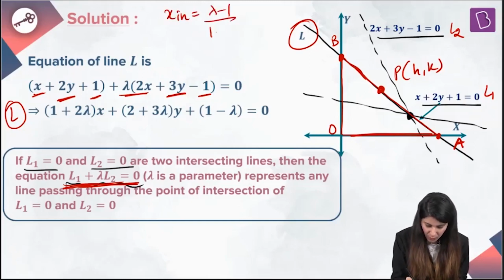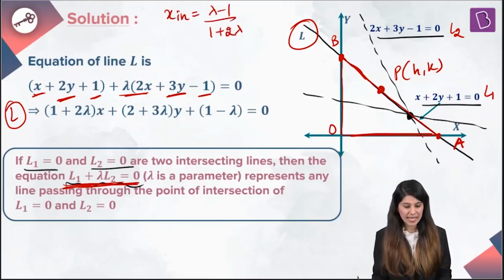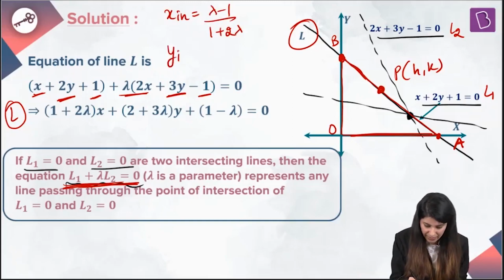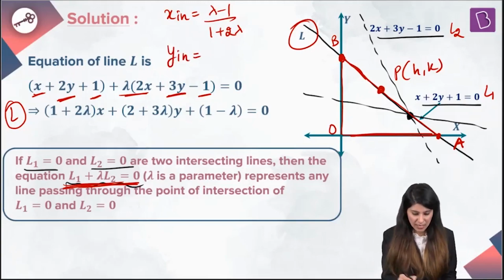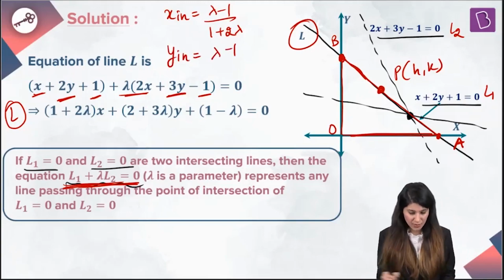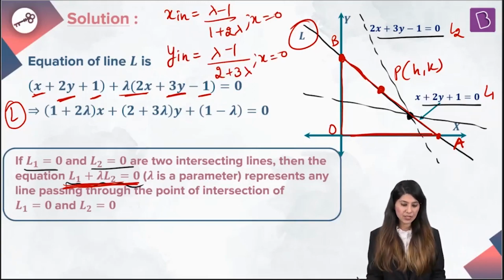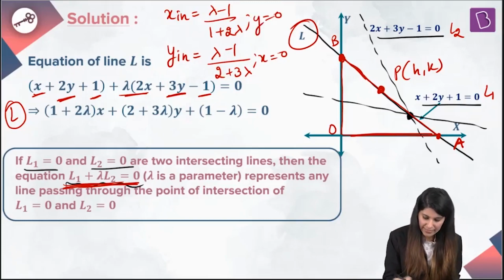Lambda minus 1 whole upon 1 plus 2 lambda. Yes, and similarly, to get the coordinates of point B, I need to get the y-intercept. The y-intercept would be λ minus 1 whole upon 2 plus 3λ. When I put x equals 0, I'll get the y-intercept. When I put y equals 0, I'll get the x-intercept.